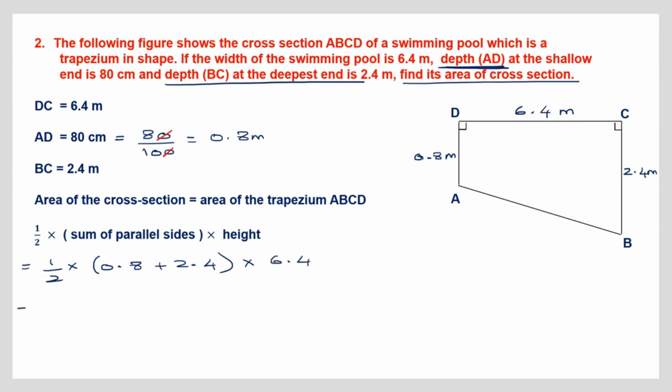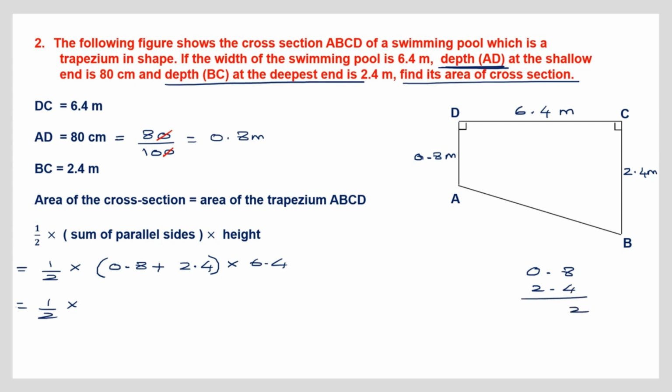Now we just have to simplify this. So first let's do the addition. 1 by 2 into, now let's add this up, 0.8 plus 2.4. 8 plus 4 is 12, carry 1, is 3, 3.2. So this is 3.2 into 6.4. First let's cancel and see what we can. I can cancel this.